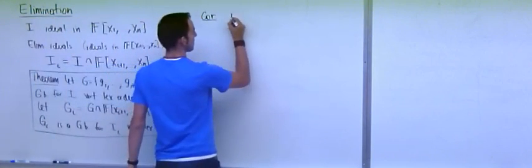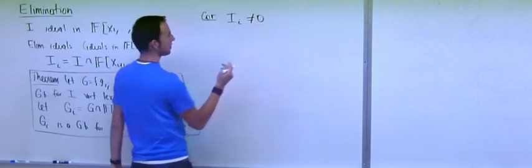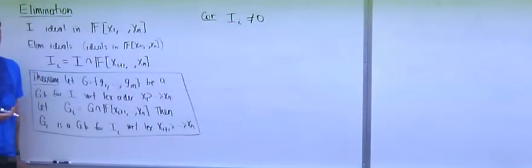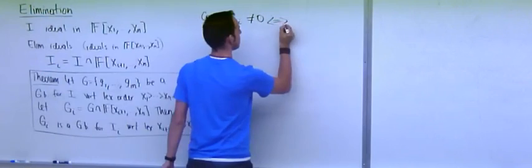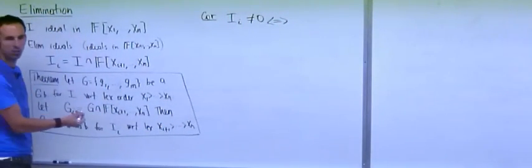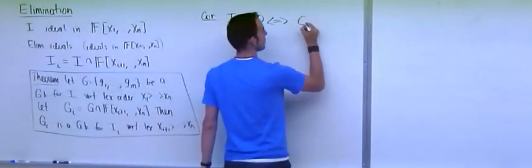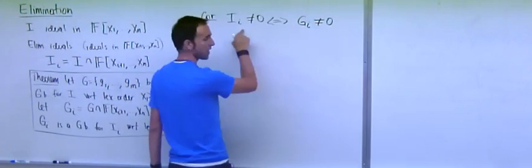But the nice thing about this is that this tells you easily whether this algorithm has a chance of working, because the elimination ideals are going to be non-empty if and only if they have a generator. We have generators for them, and so if there's at least one polynomial in GI, then this is going to be non-empty.